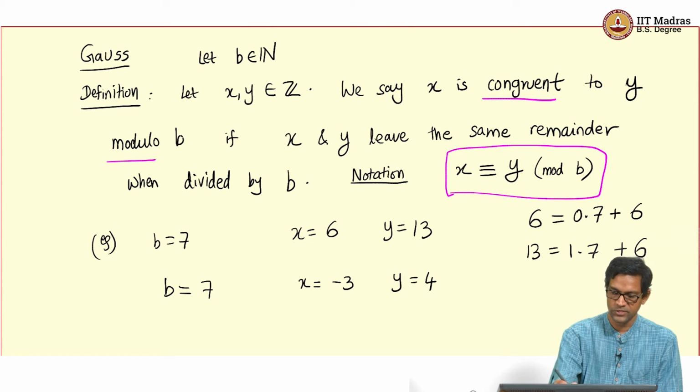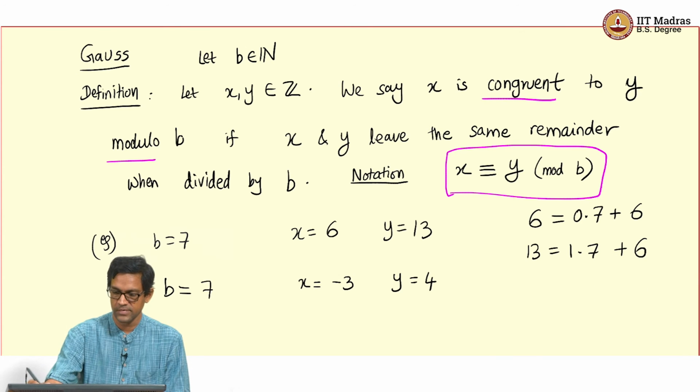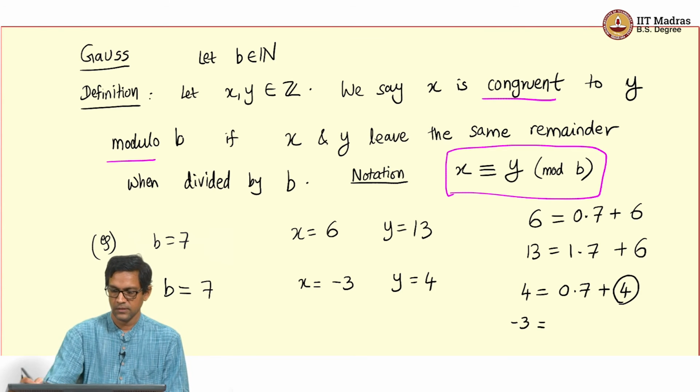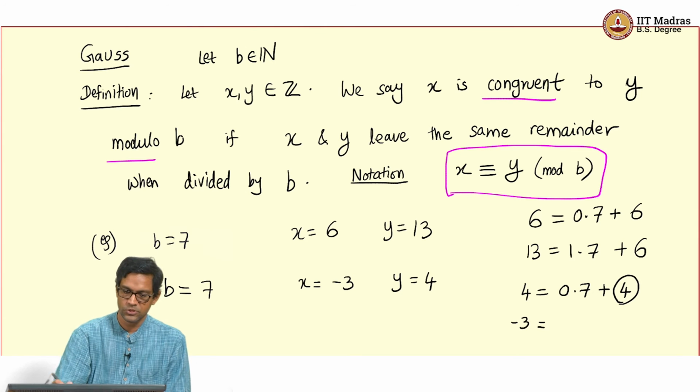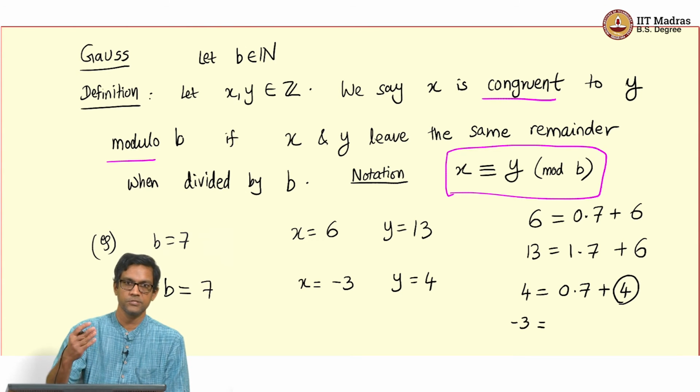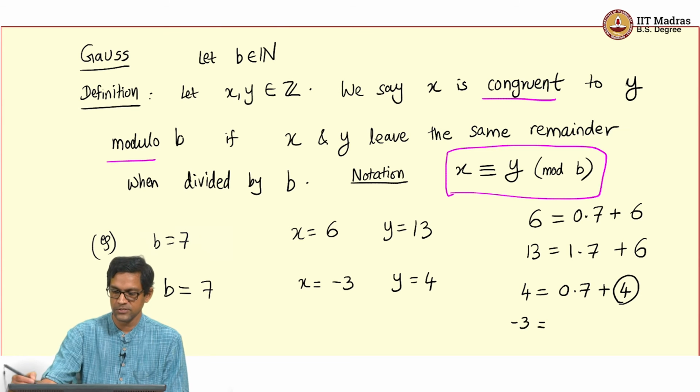Okay. So let us check this. We haven't really looked at many examples with negative numbers. The number 4 is easy, quotient is 0, 0 times 7 plus a remainder of 4. Now if you try to do this for minus 3, recall the remainder is supposed to be a number between 0 and 7, right. So how do we write minus 3 as some multiple of 7 plus a remainder between 0 and 7?